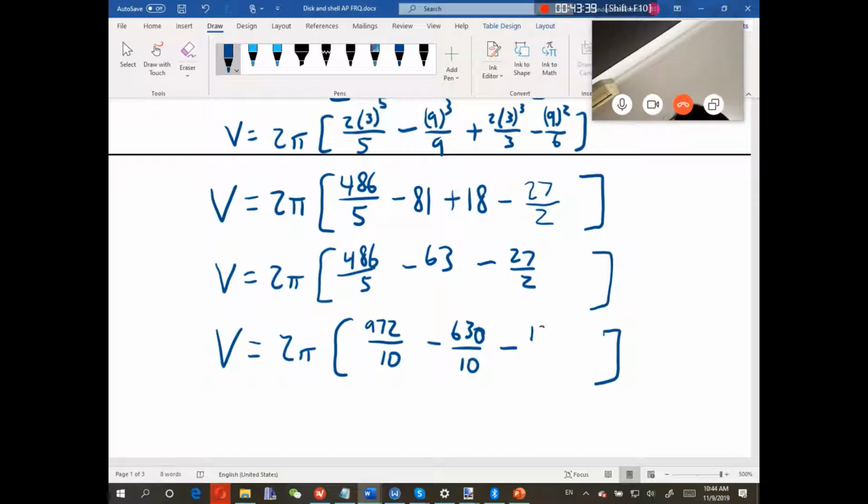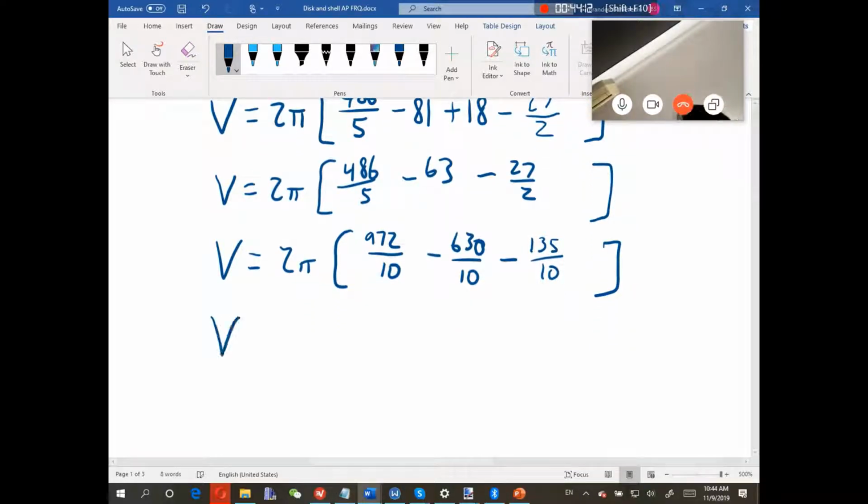Okay, I've got 135 over 10, I think. 27 by 5, right? Okay, then I'm going to subtract. So let's just go one at a time. 972 minus 630 is how much? Okay, so we got 342 minus 135.